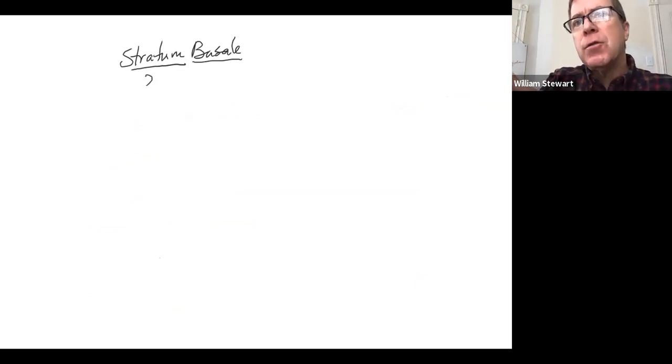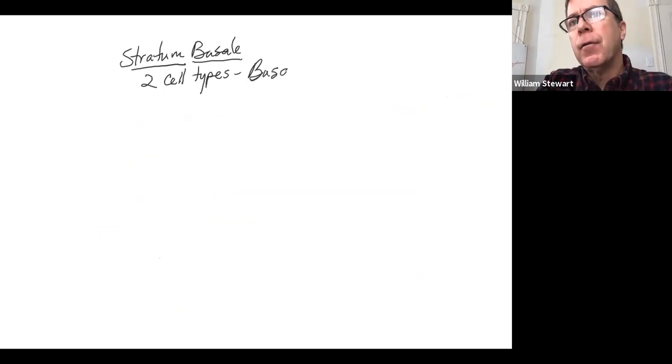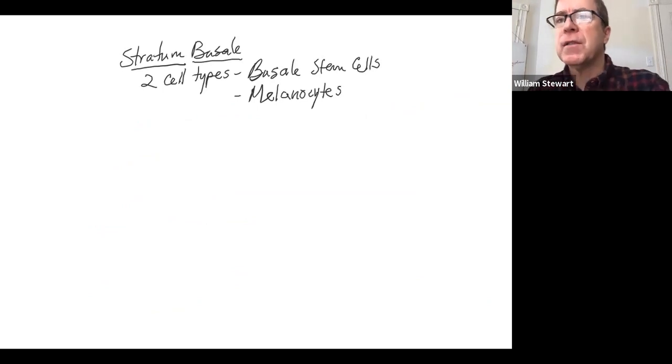There are basically 2 cell types, and they are basal stem cells and melanocytes. Now we know what these cells do from our previous discussion.